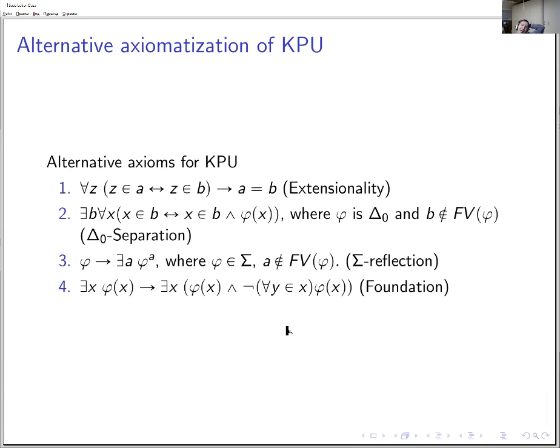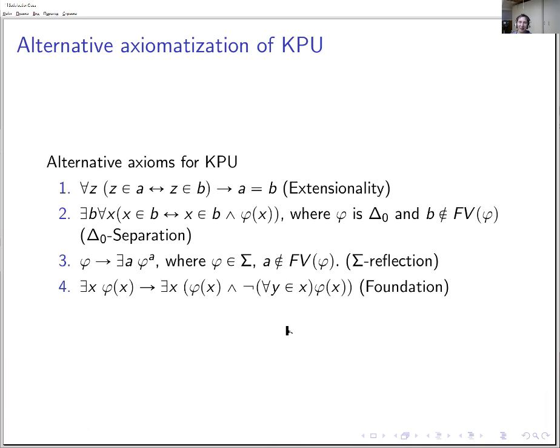In fact, the nice feature of sigma reflection is that it allows for a more compact axiomatization of Kripke-Platek theory. It's possible to remove from the axioms of Kripke-Platek theory the axioms of pairing, union, and sigma 1 collection, and just have the axiom of sigma reflection. And this will give you the same theory.